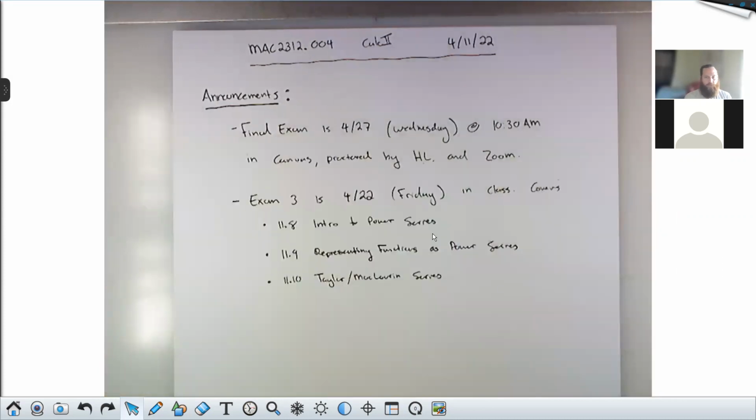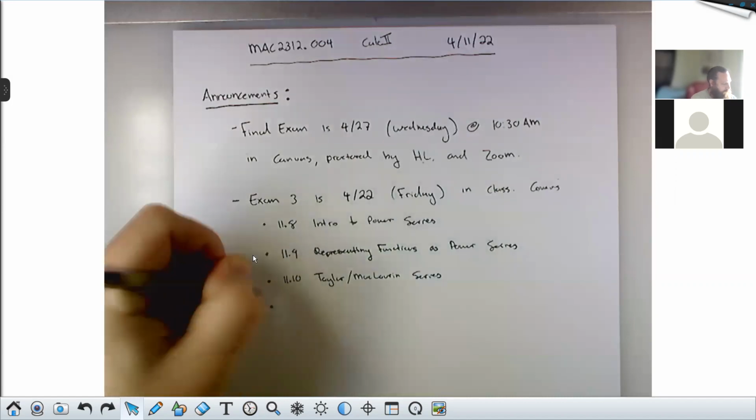And Taylor's theorem, which gave us that formula for the coefficients of a power series for a kind of generic function centered at wherever you want. This is where we found the power series for e to the x, sine x, cos x, all of that stuff. 11.9 is where we found the series for 1 over 1 minus x, natural log of 1 plus x, and the inverse tangent of x.